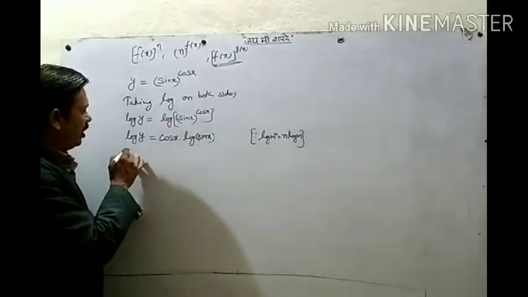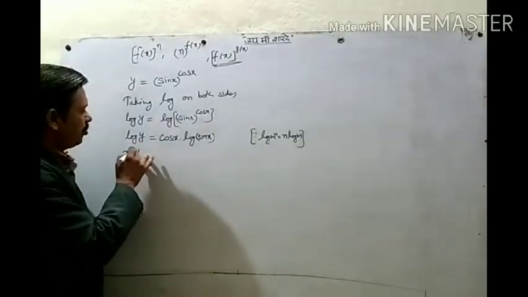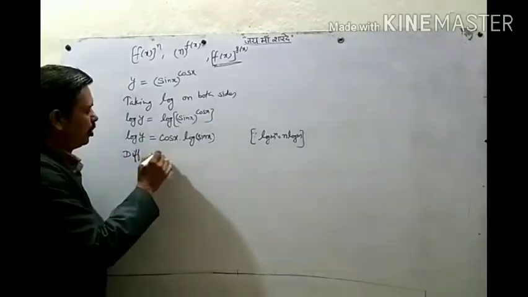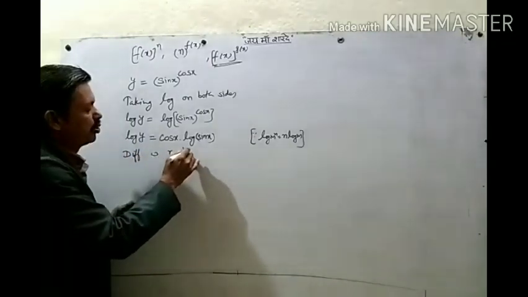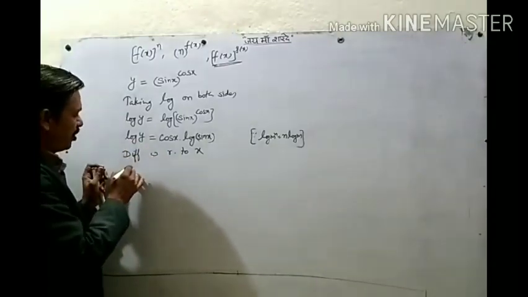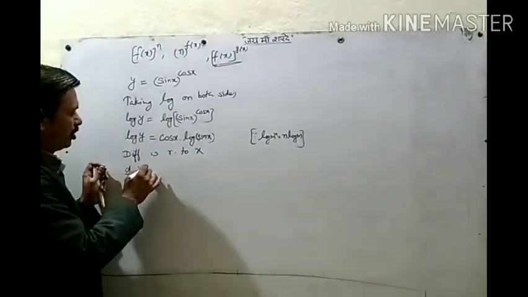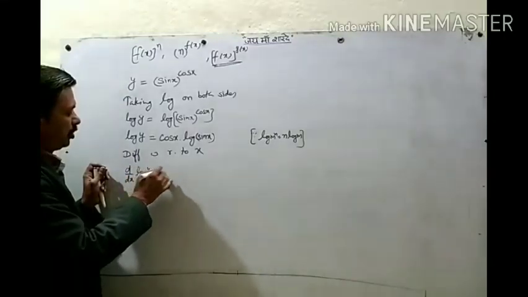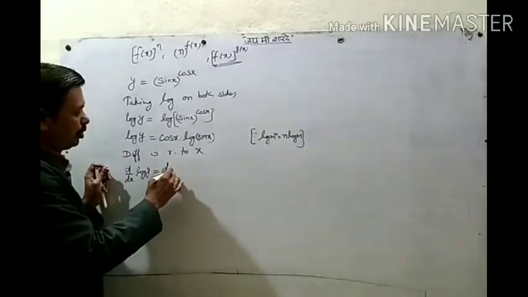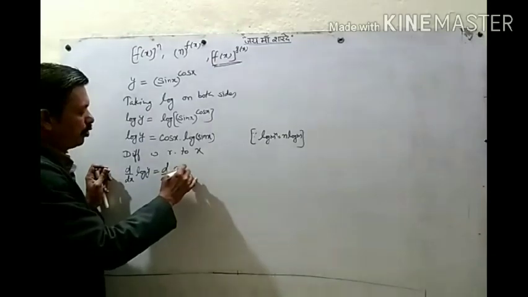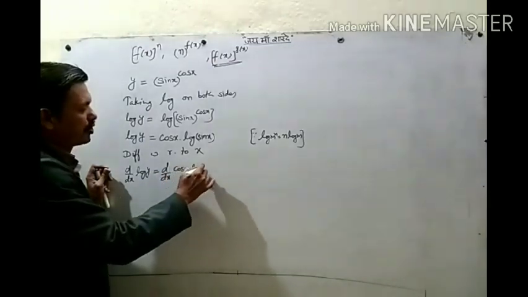Now we'll differentiate both sides with respect to x. Then here we get derivative of log y is equal to derivative of cos x into log of sin x.